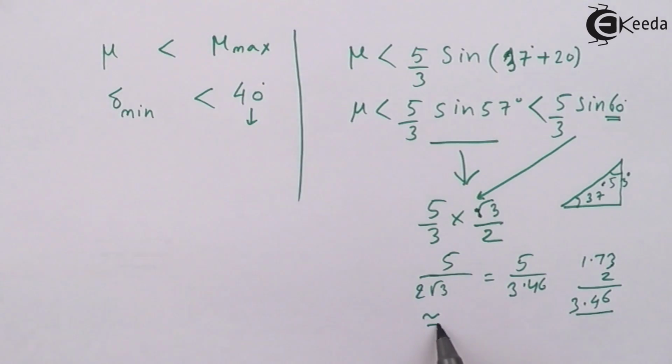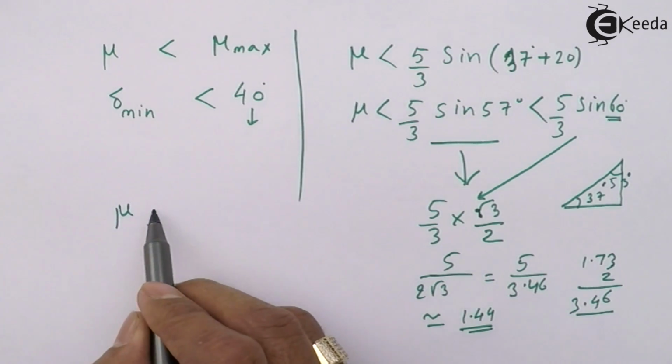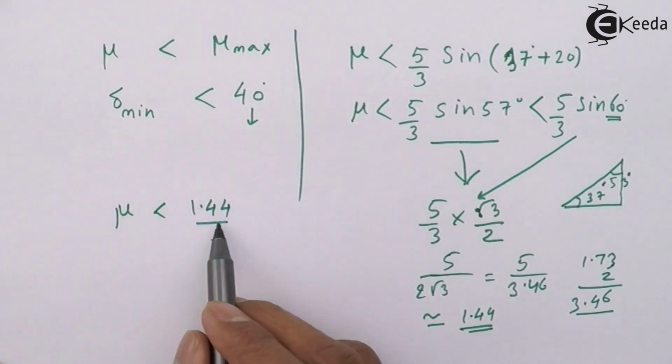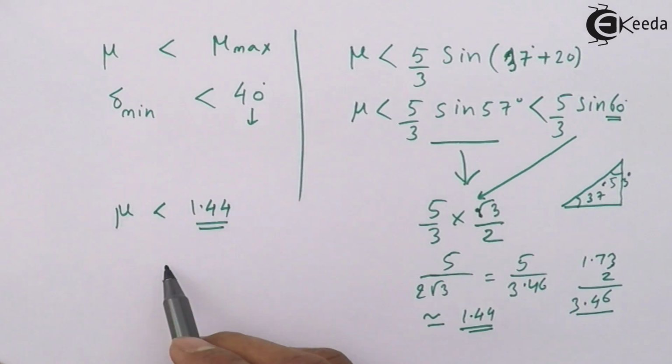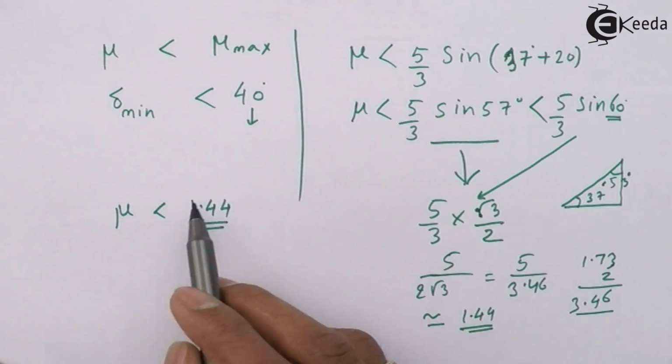If I divide that, you will get approximately 1.44. So mu is less than 1.44. So maximum it can be 1.44. So the maximum mu I am getting is this.